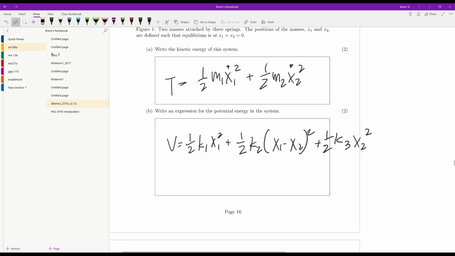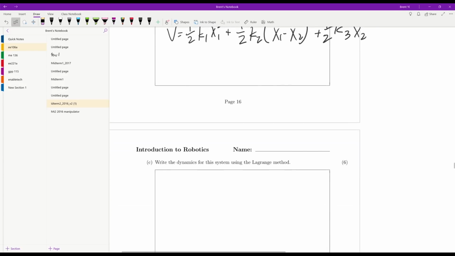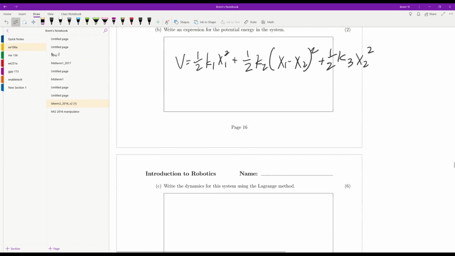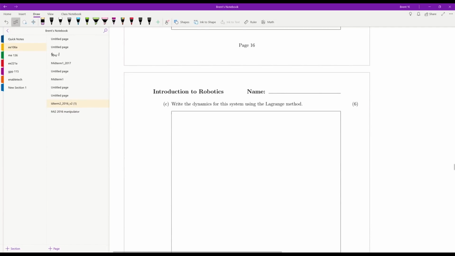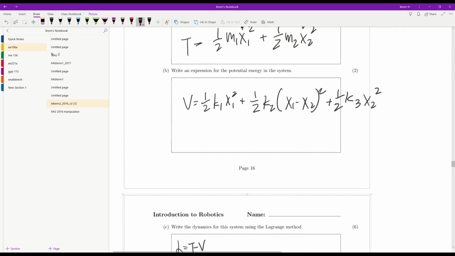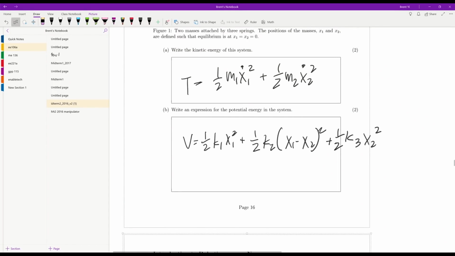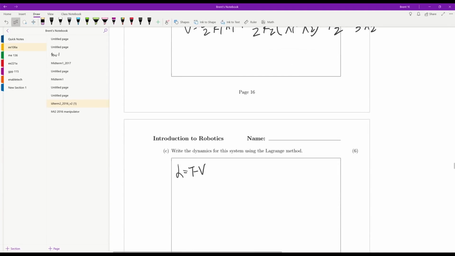And we can use these to write the dynamics for the system, specifically using the Lagrange method. To start, we'll write the Lagrangian, which is T minus V. To compute T minus V, we can just take these two things that we already know and squash them together.